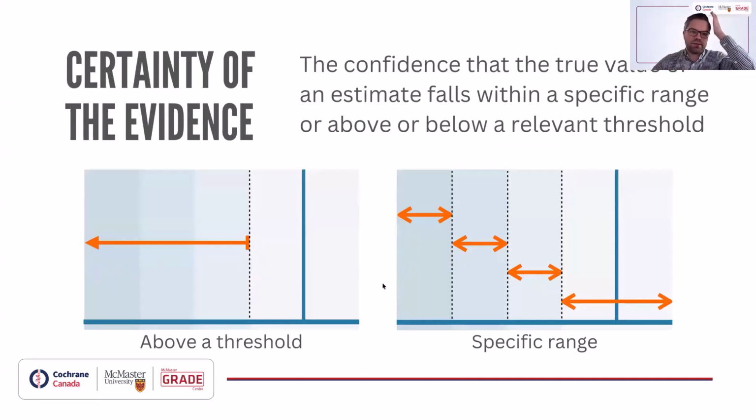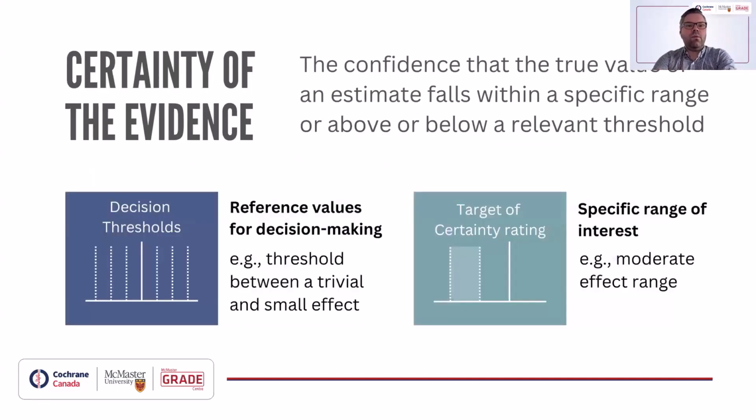So here you have the visual demonstration. When we are deciding about our confidence that the true value of an estimated effect falls within a specific range or above or below a relevant threshold, there are two aspects we are deciding on. One are those decision thresholds. So these are reference values for decision making, and in the context of our systematic reviews, in the context of GRADE and making decisions about health benefits and health harms, this is, for example, the threshold of what we would consider a trivial to a small effect.